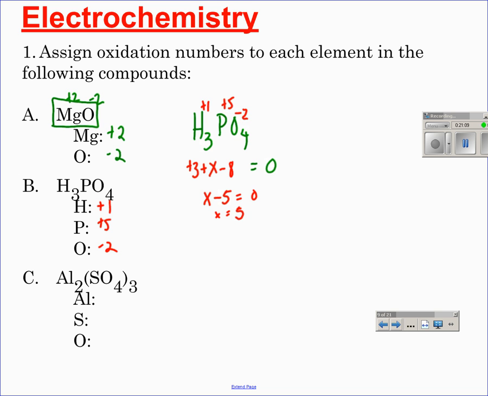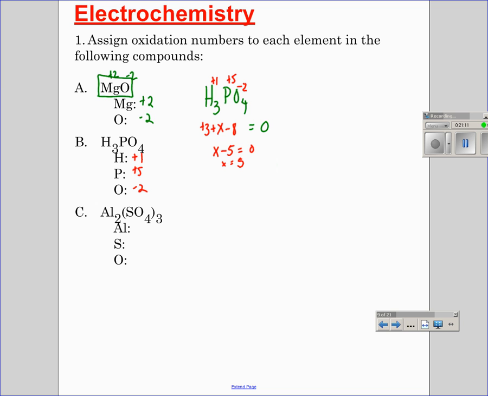The last one we're going to do is a little bit more complicated because of the parentheses. So we have aluminum sulfate. Now I'm going to take advantage of this idea of using a polyatomic ion. So the first thing I can do is set the whole compound equal to 0. But I know aluminum always has a +3 oxidation number because it's in group 13.